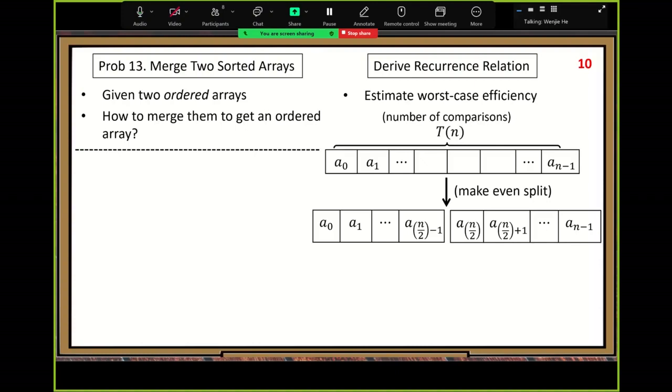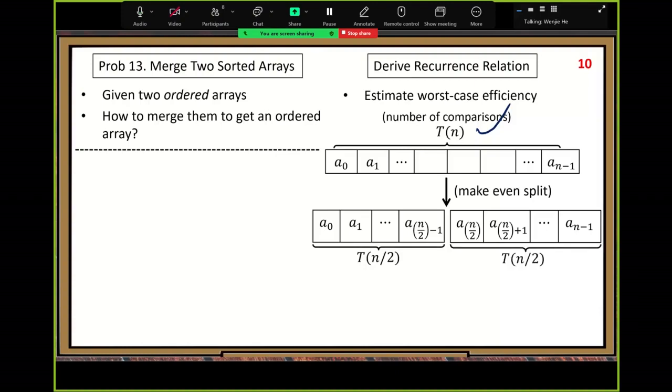So if you sort each subarray, how many comparisons? What is the representation for the number of comparisons to sort each subarray? The size is n over 2, half of the original size, and you use the capital T function, T of n over 2.